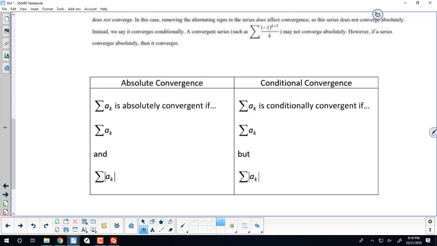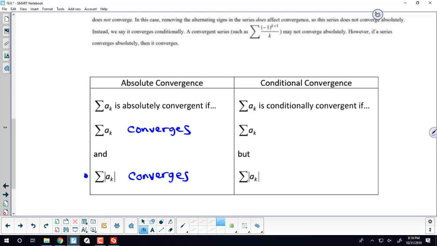If the sum of the series converges and the absolute value of that also converges, then you have absolute convergence. Really, in practice, for absolute convergence, we just look at the absolute value.